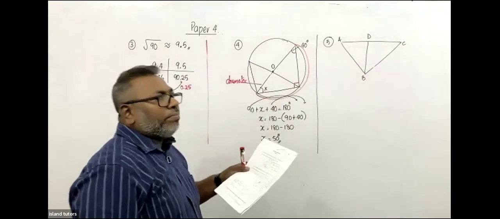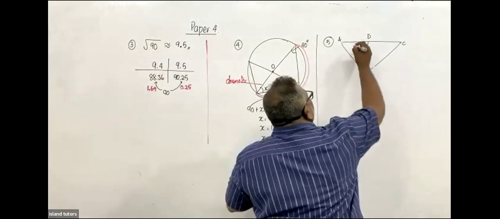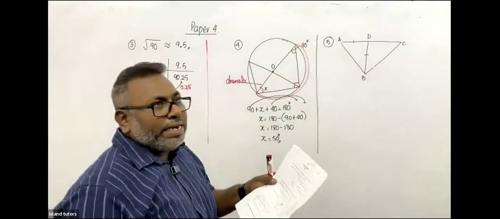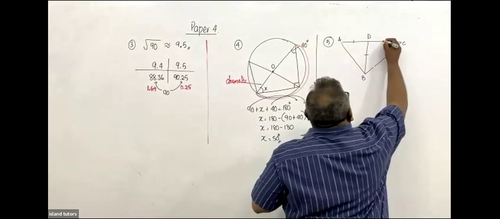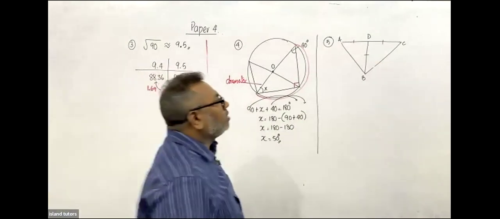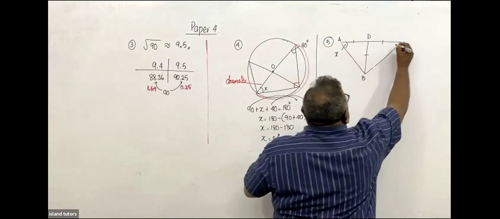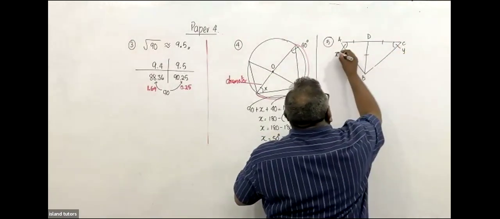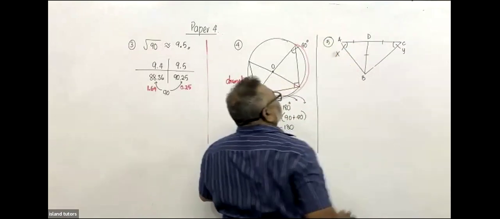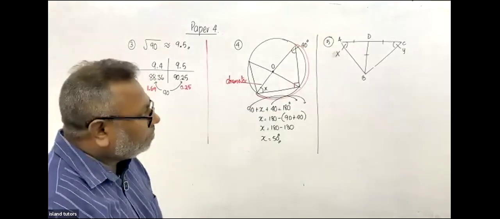They say AD is equal to BD, and BD is equal to CD. Find the value of x plus y. They've given x here and y here. They're asking you to find the value of x plus y.